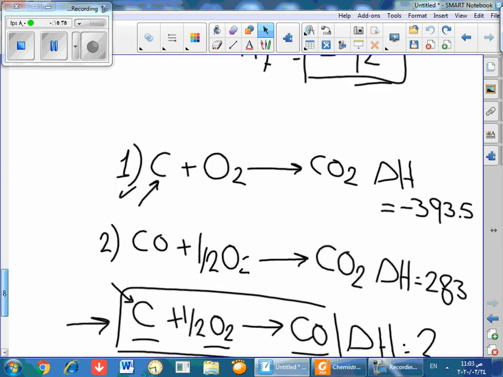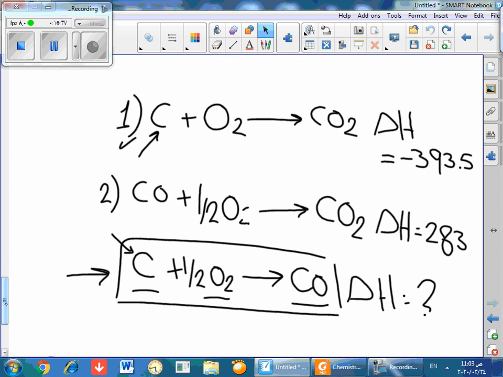Okay, and O2 is found in two chemical equations, number 1 and number 2, and CO is found in chemical equation number 2 only. In chemical equation number 1 we didn't find CO. So CO is found in the product, and in chemical equation number 2 it is found in the reactant.